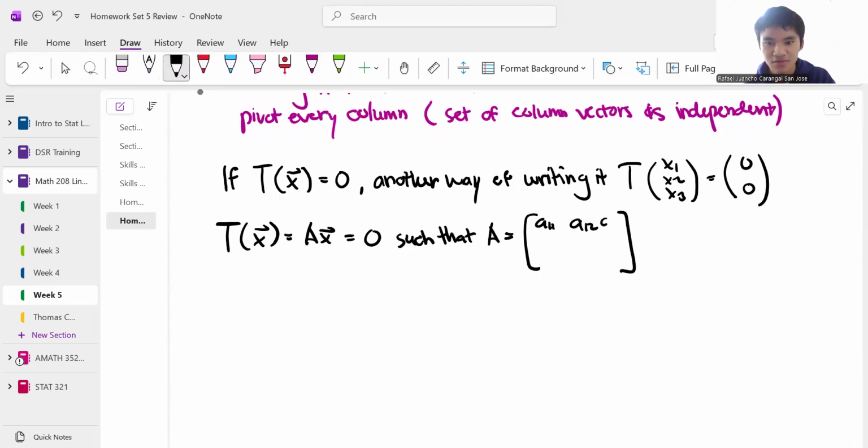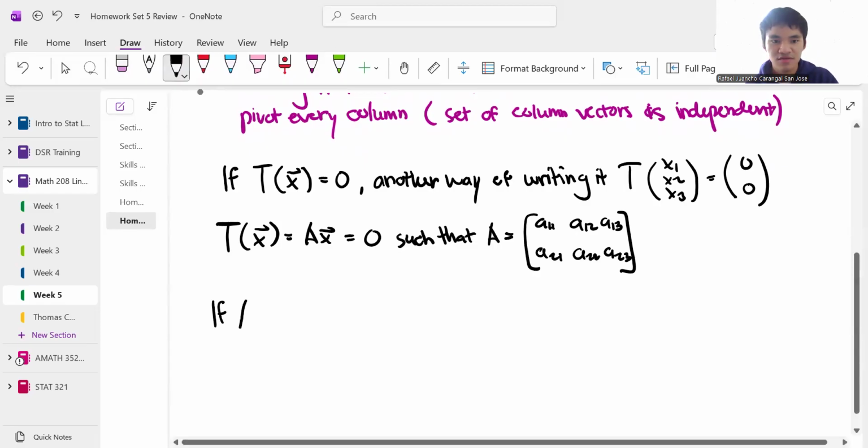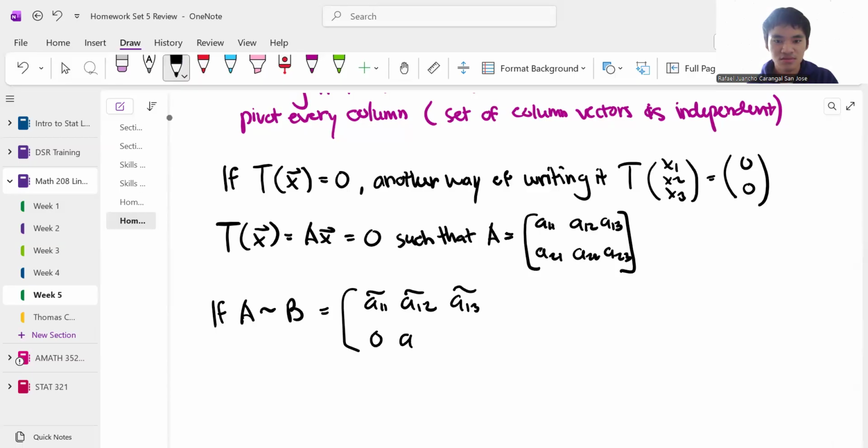A11, A12, A13, A21, A22, A23, such that A11 tilde, A12 tilde, A13 tilde, 0, A22 tilde, A23 tilde.